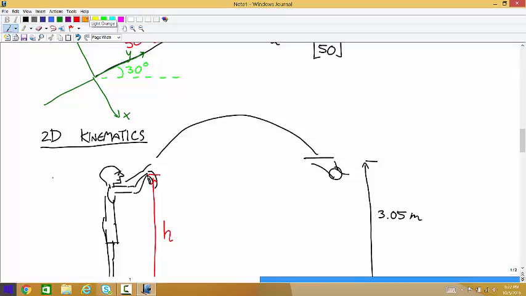And we're given that it's shot with a velocity vector of 7.8 meters per second, and that it is shot from an angle of 60 degrees. Okay, so 60 degrees above horizontal.